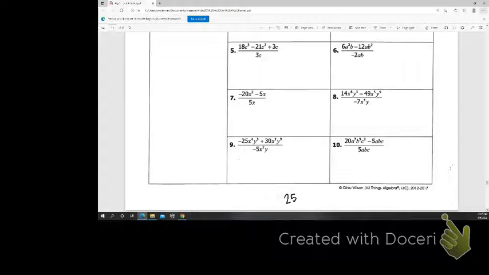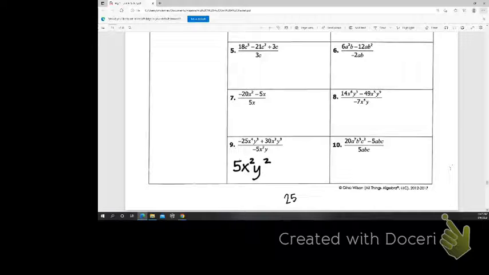If you look at the bottom of the page, we'll take a look at a couple here with multiple variables. So I'll look at 9 and 10. So for number 9, negative 25 divided by negative 5 is 5. Subtract the exponents on the x, subtract the exponents on the y.